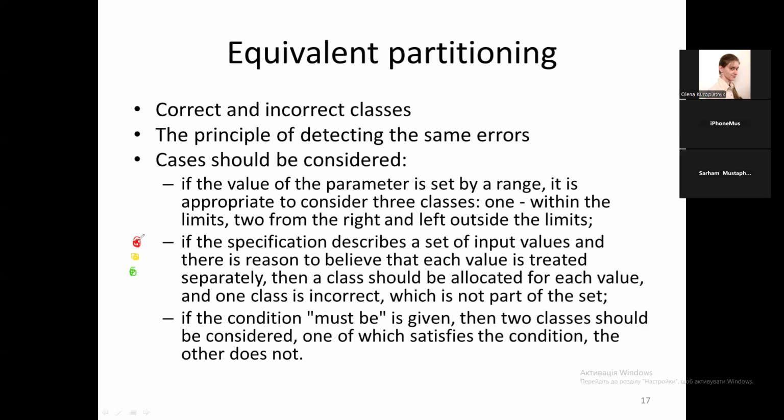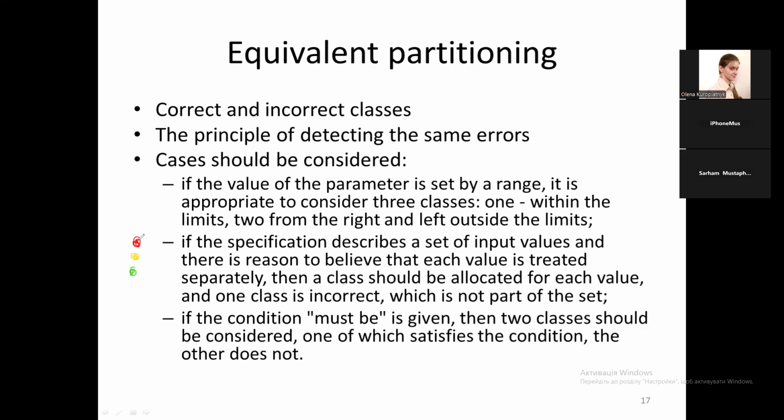In the last case, if a condition must be given, then two classes should be considered: one which satisfies the condition and the other which does not. For example, if I have a logic value or Boolean value, true or false, it is a good example for this case.